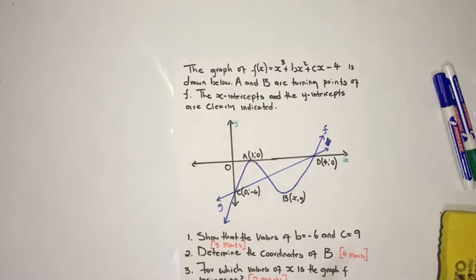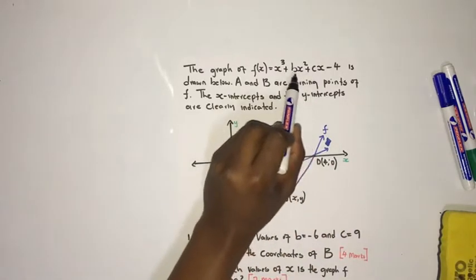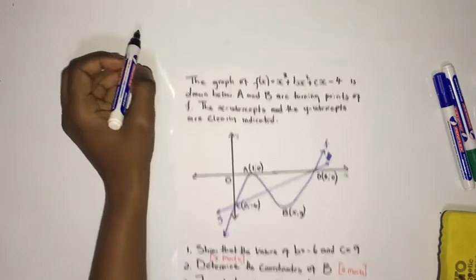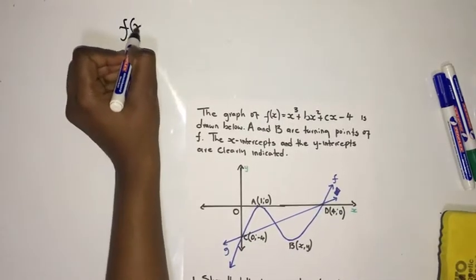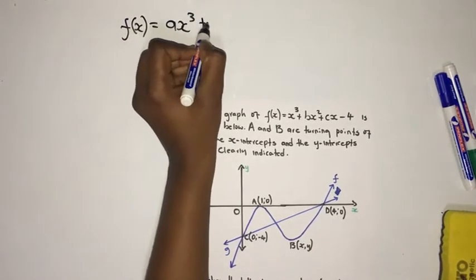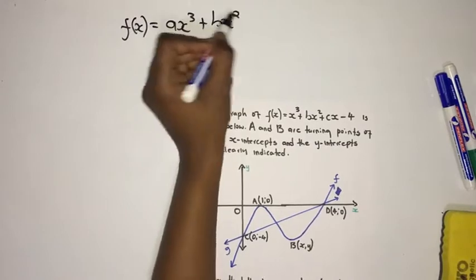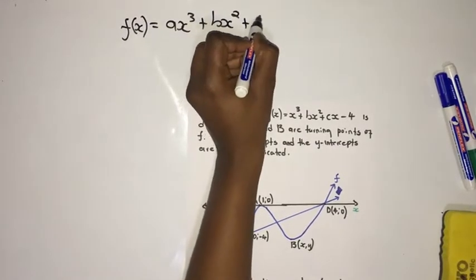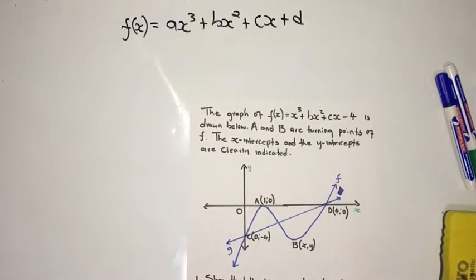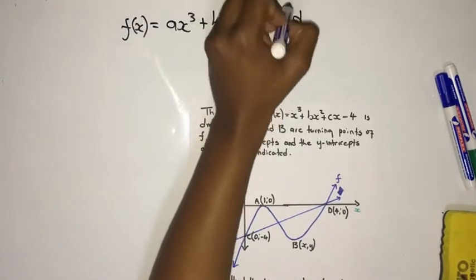Okay, so b and c are actually there in the equation. As we can see, our equation is not complete, so we need to find those values to complete our equation. First things first, we know that a cubic function has this form: ax cubed plus bx squared plus cx plus d, where d is your y-intercept.